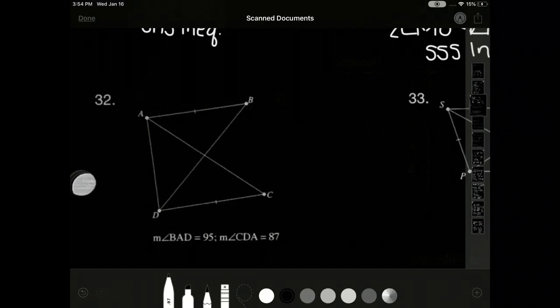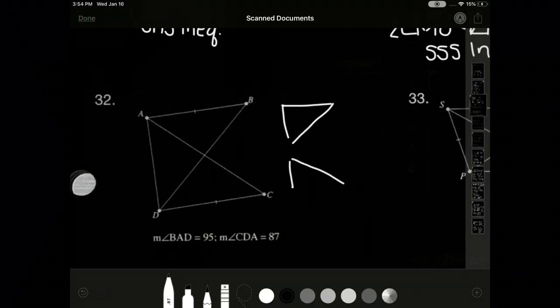In 32, we're actually looking at the shapes that look like this. These triangles just happen to overlap with one another. Okay, so BAD, this whole angle here, is 95. And CDA, this angle here, is 87.